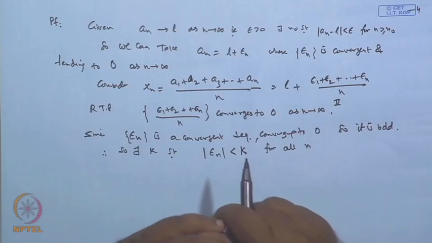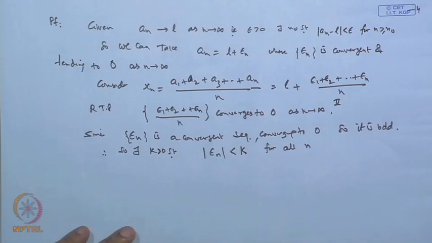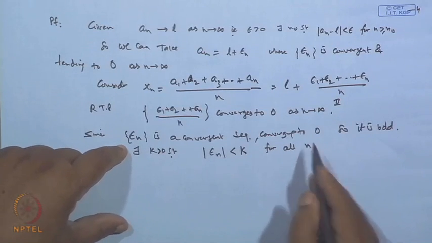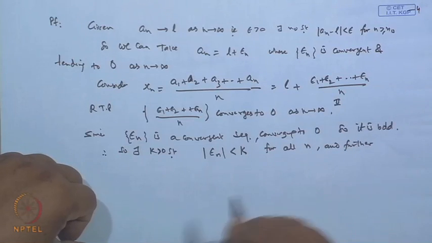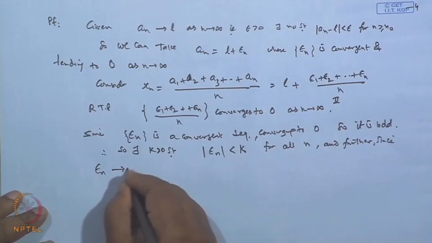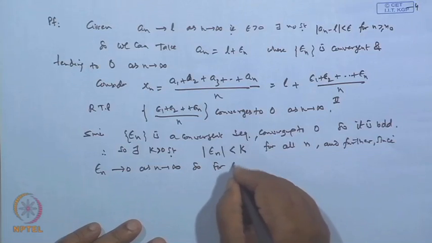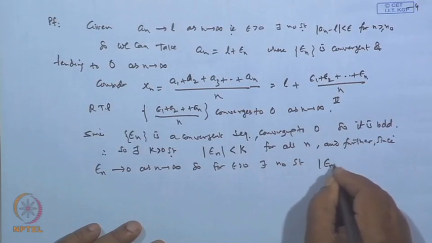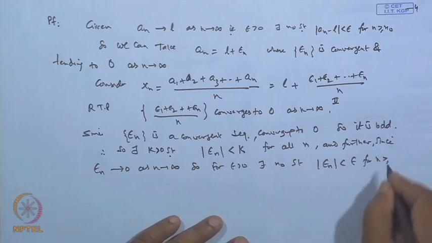For all n, there exists a positive k. And further, since epsilon_n tends to 0 as n tends to infinity, for a given epsilon greater than 0, there exists an n naught such that mod of epsilon_n can be made less than epsilon for n greater than or equal to, say, n naught.